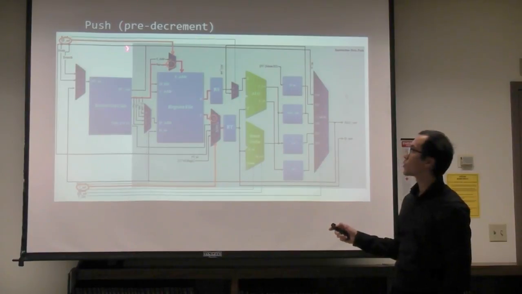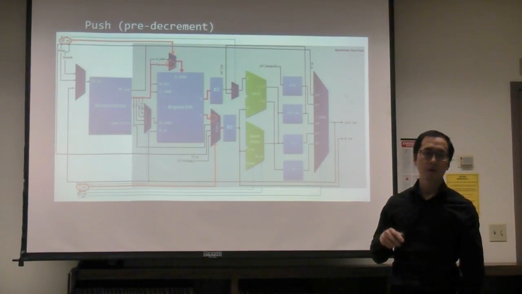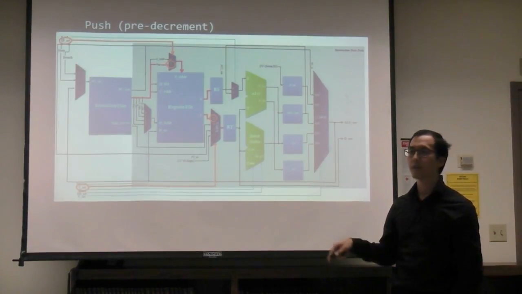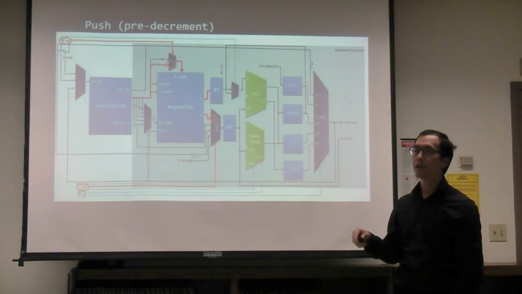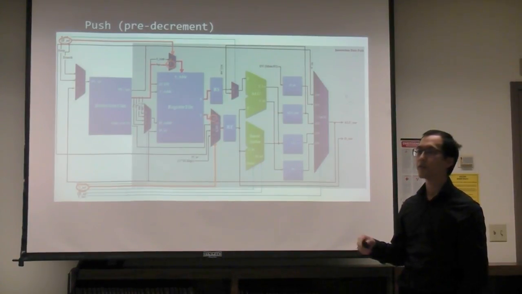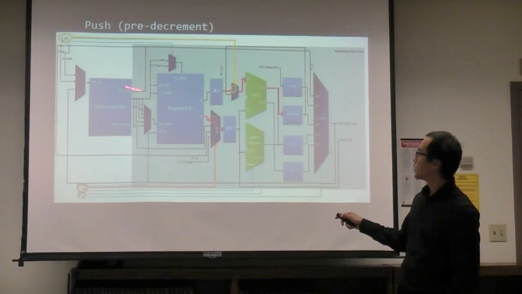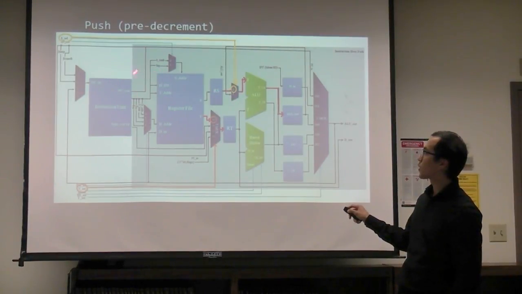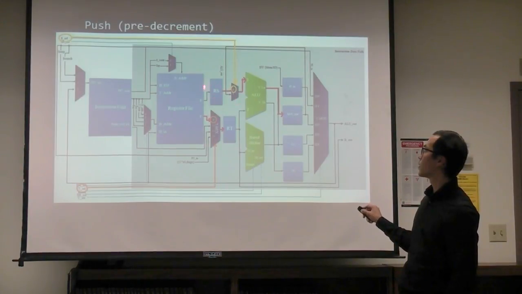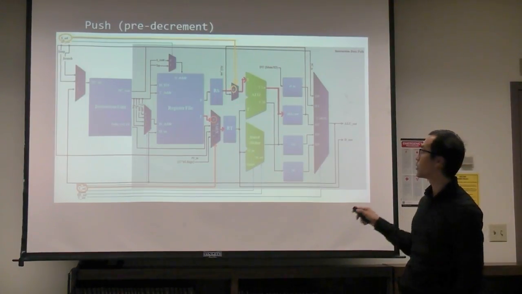And then for the push, we push the data from the RT field into the data memory. Meanwhile, we decrement the stack pointer, and after that, we store the stack pointer address back into the register. So the first clock, we load the stack pointer into RS, and then we pass RS to ALU out, so the address is ready.